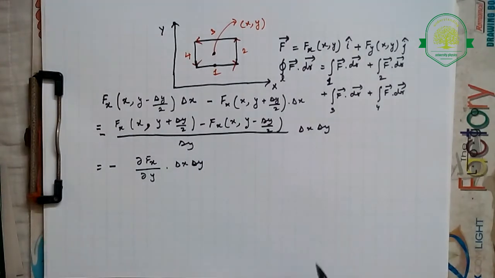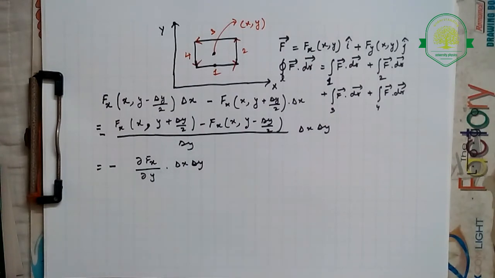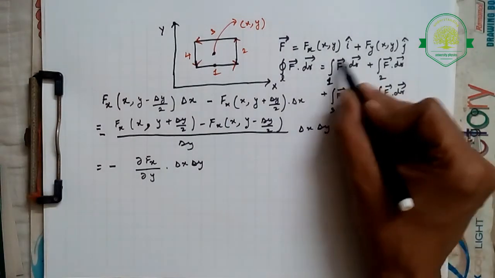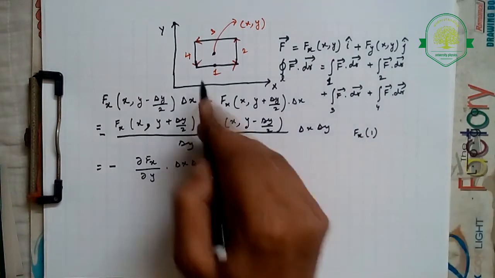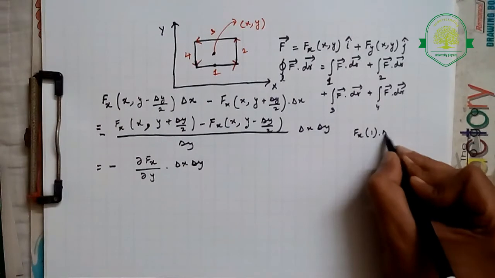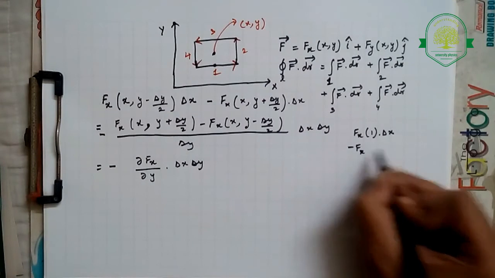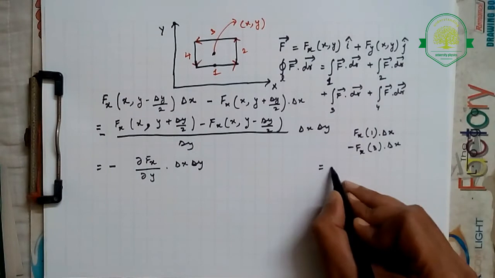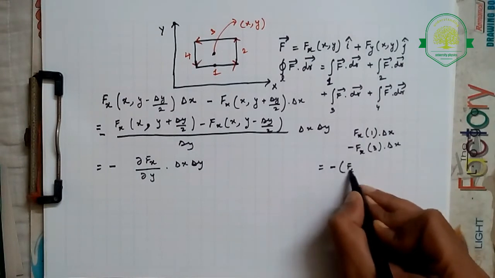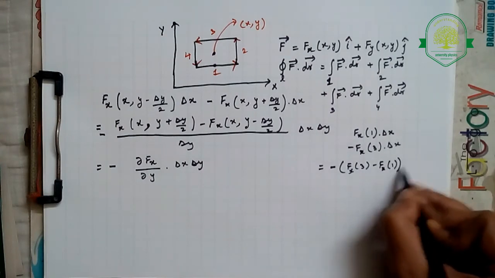Now we could have found this out in a simpler way. For that, we can say this integral is just fx along side 1 multiplied with delta x, and this would have become minus fx along side 3 multiplied with delta x, which could have been written as minus fx along side 3 minus fx along side 1 times delta x.